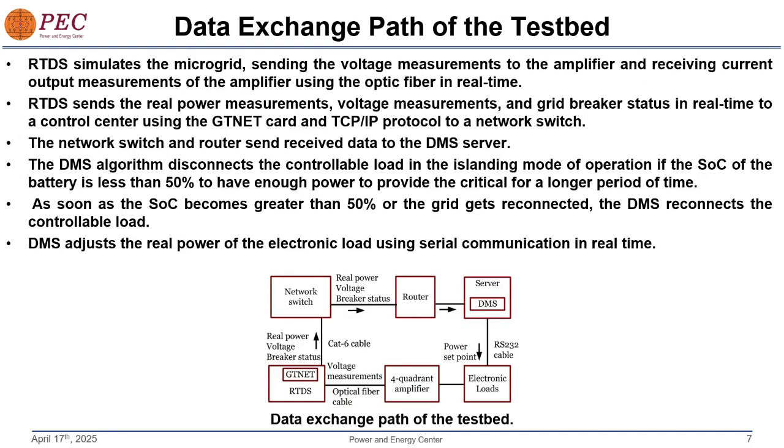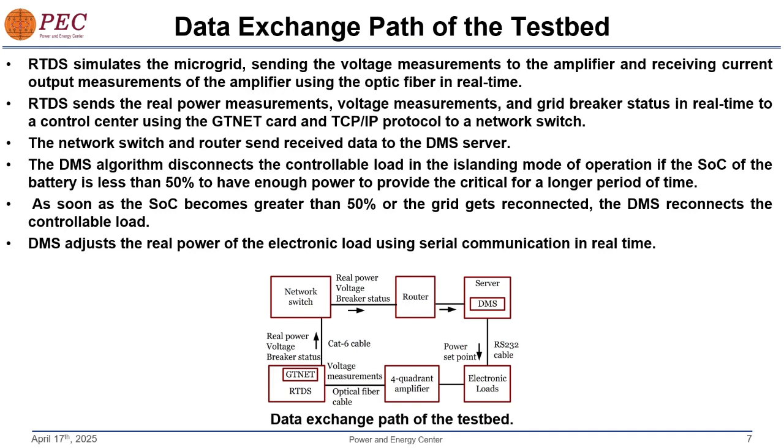Here is the data exchange path of the testbed. As you see, the RTDS is sending the real power, voltage, and breaker status to the network switch, which passes it to the router, and the router passes it to the server which is running the DMS. The DMS then decides whether to adjust the electronic load to keep only the critical load or have all the load.